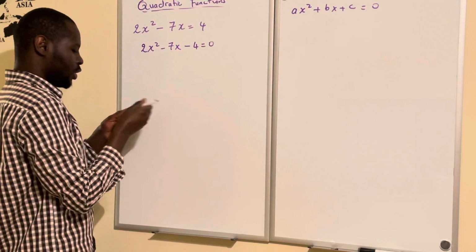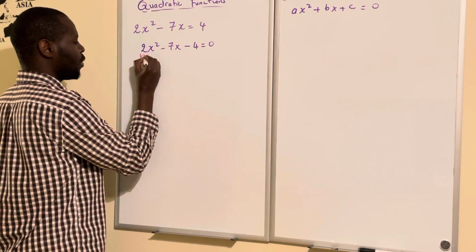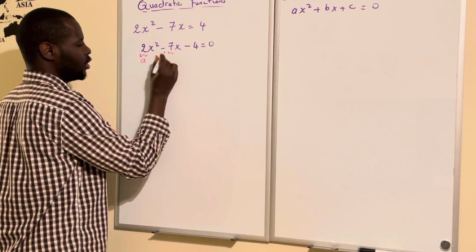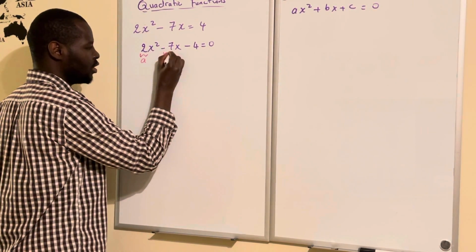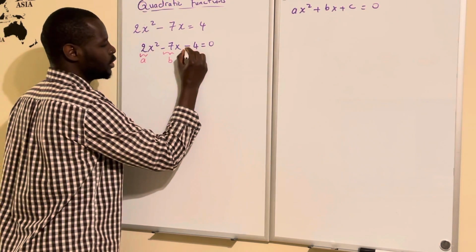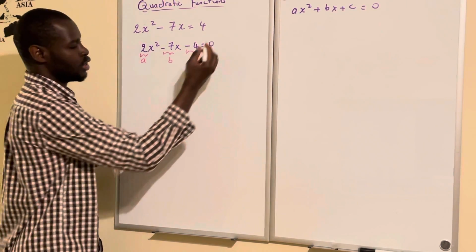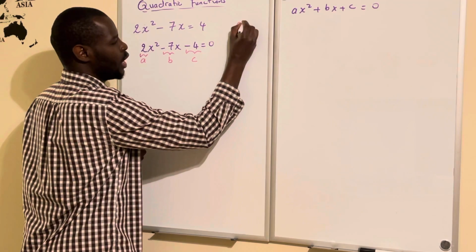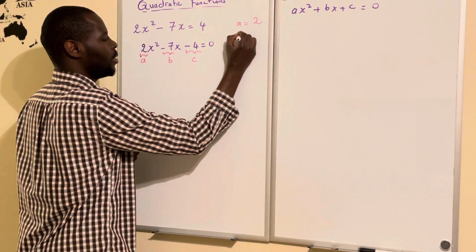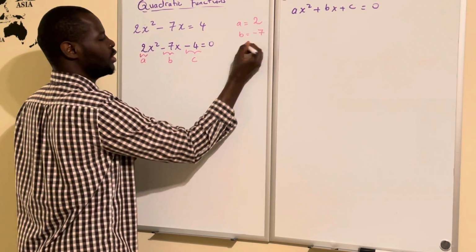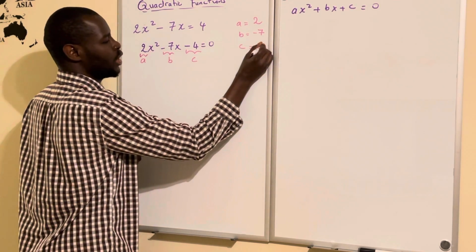So here we can see that this whole thing, 2, will be our a, minus 7 will be our b, and negative 4 will be our c. So let's go ahead and just write it here. a equals 2, b equals negative 7, and c equals negative 4.